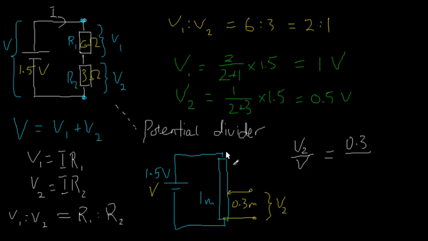V here corresponds to the full length of 1 meter. So 0.3 over 1 is just a fraction of this length over the whole length. Okay, but this equation allows us to calculate V2 because we know what V is. V is 1.5. So therefore V2 is equal to the fraction of this length over the whole resistor times the overall voltage of 1.5.